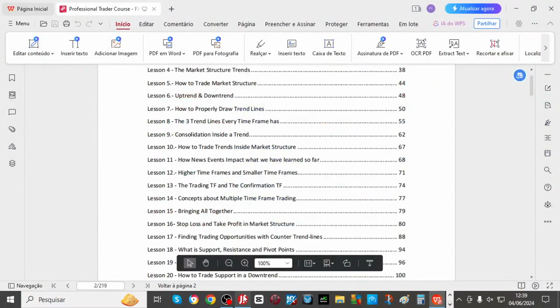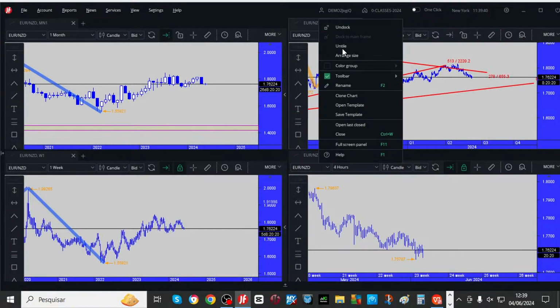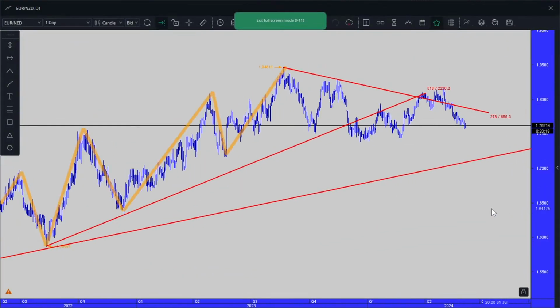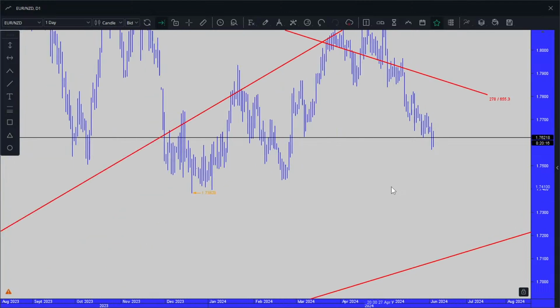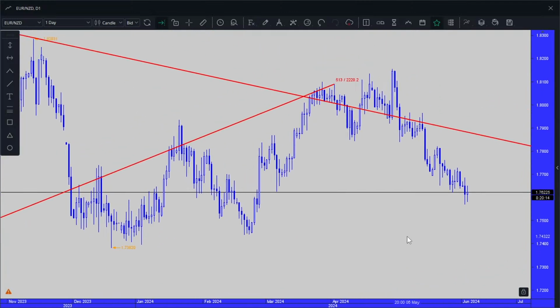So I'm asking you, this is Euro New Zealand daily chart, what should you do? Should you buy, should you sell? To have a better chance, to have a better probability. By the way, I have 5 minutes, then I need to go.